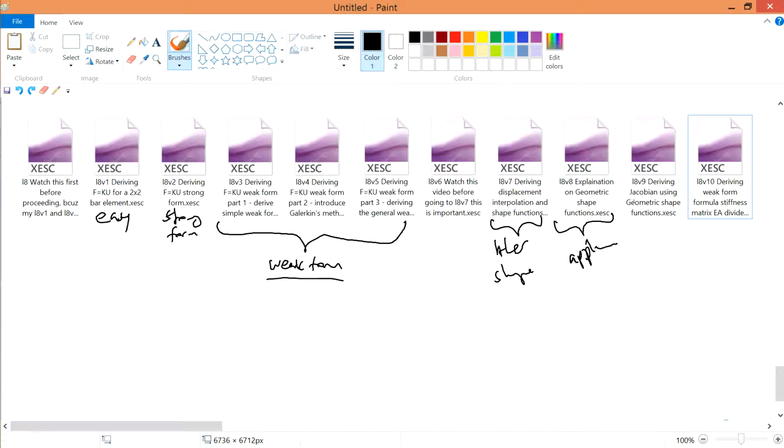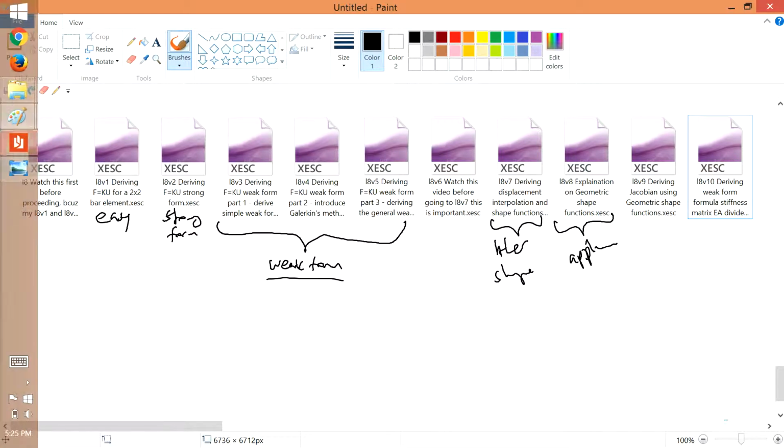We also show you that if you mix the geometry shape functions together, you can create the Jacobian factor. We call this the Jacobian factor.